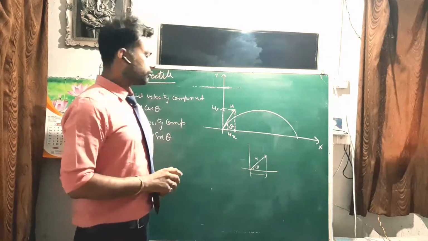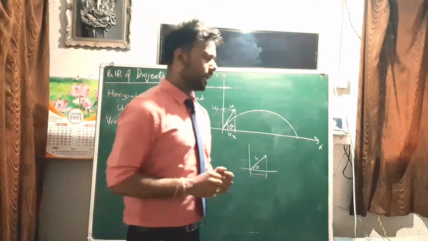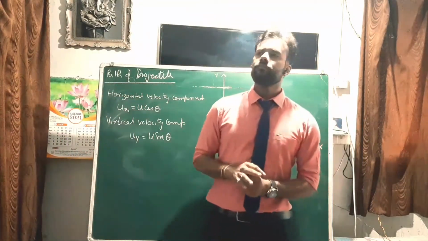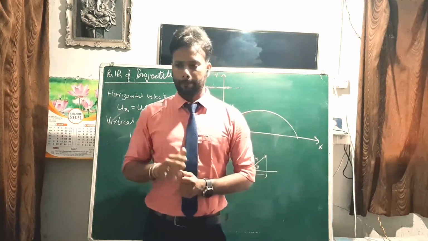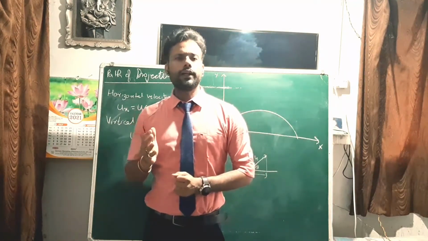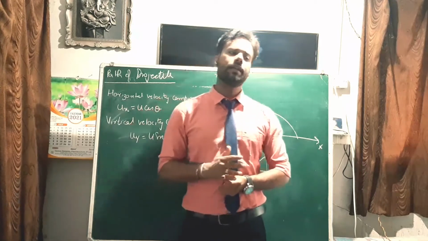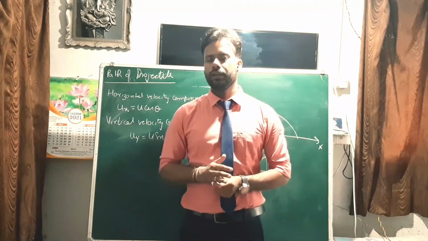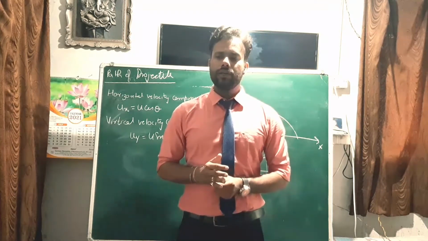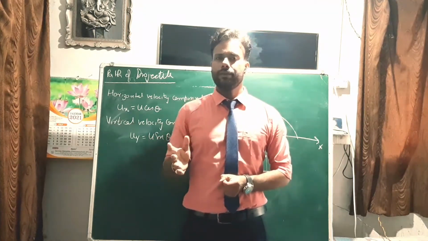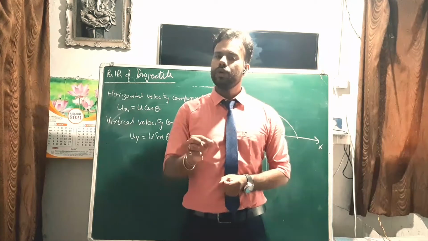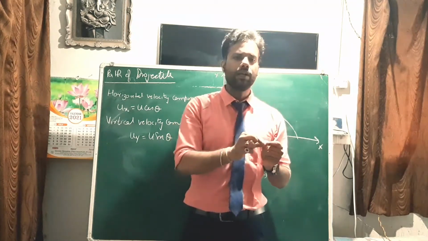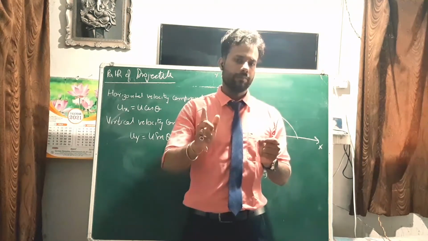Now, always remember one thing: if a body covers distance in the vertical direction and in the horizontal direction, then the distance covered in any direction is due to the velocity component of that direction.